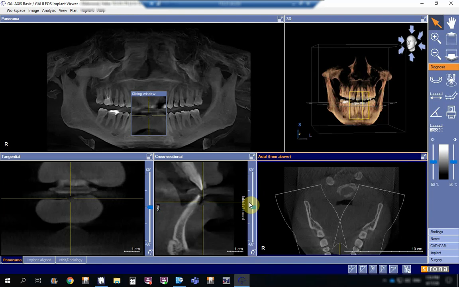Okay, so in this video we are going to discuss further the interpretation and the way of navigating through the CBCT. As we said, we are using here the Sorona Galileos machine, and the software is Galaxis for the 3D rendering.